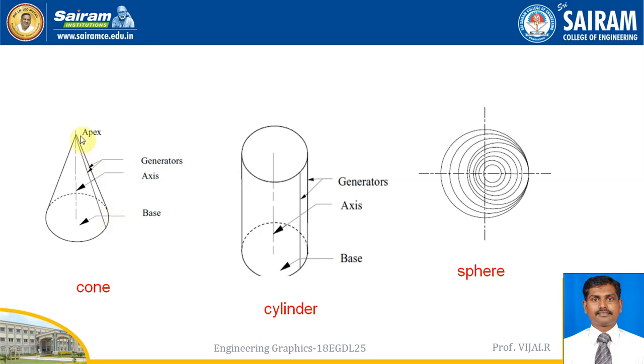They are imaginary lines, so we call them generators. By this generator, you can see lines, these are all the creators of the cone. If you take individual lines, it is generating the cone. And in case of cylinder, it's a vertical line, we call it the generator.